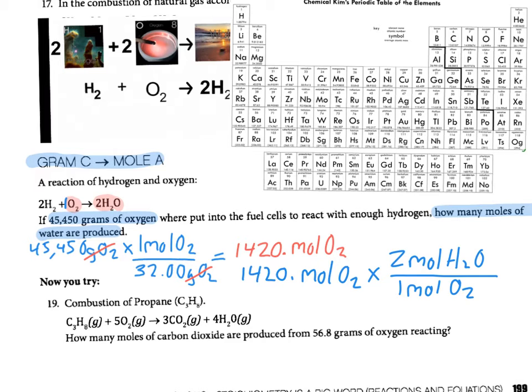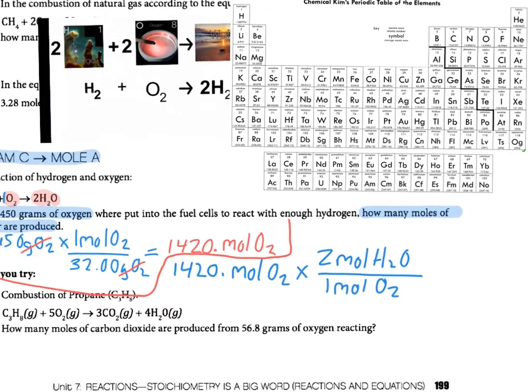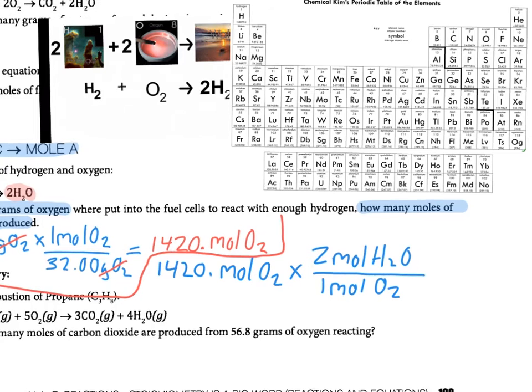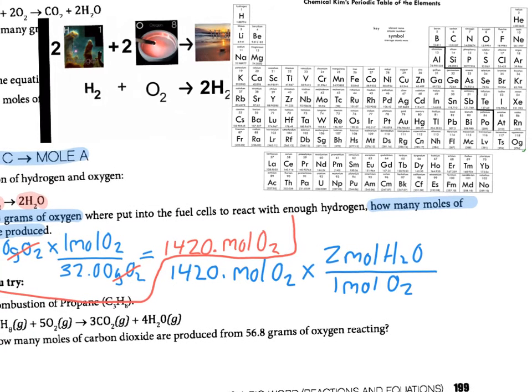So I took the answer from the first step, getting the answer of 1420, and then I took that into the next calculation, which involves taking 1420 times 2 divided by 1. And again, that lets my units cancel, moles of O2, moles of O2, and of course that's just a double, so it's 2840.